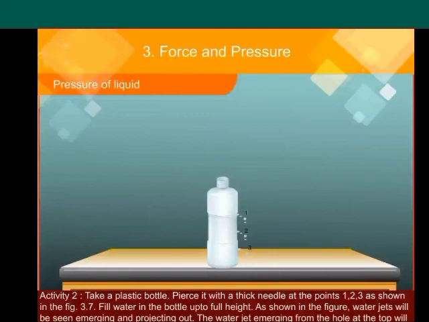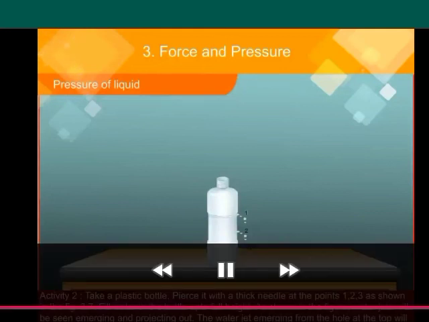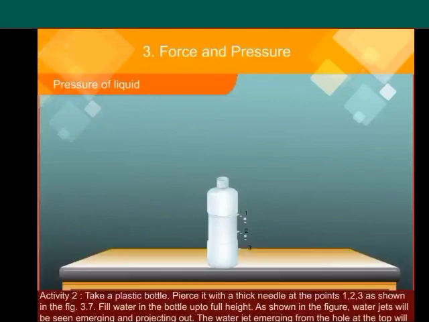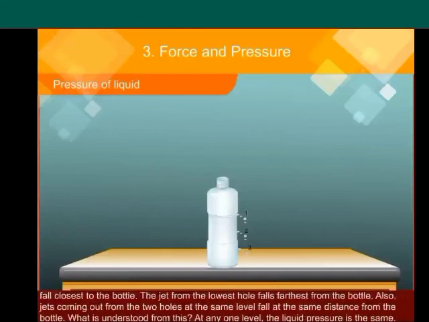As shown in the figure, water jets will be seen emerging and projecting out. The water jet emerging from the hole at the top will fall closest to the bottle. The jet from the lowest hole falls farthest from the bottle.